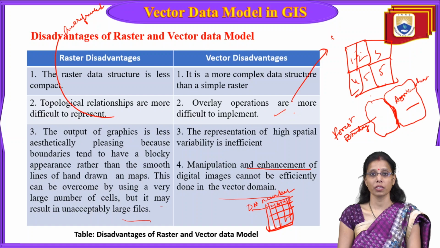Further, we can use it for any kind of information or any output we require from this data. So these are the advantages, disadvantages and models of raster and vector.